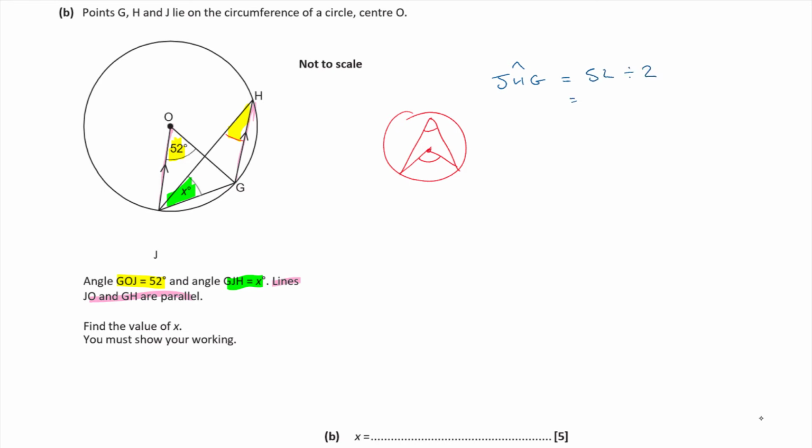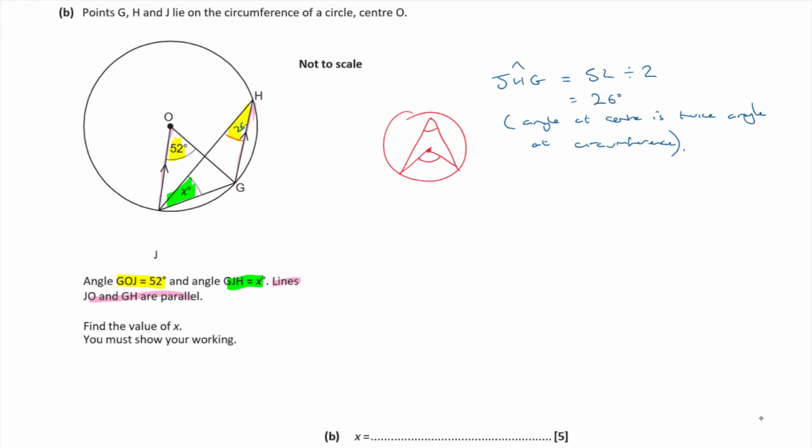So that is going to be 26 degrees. And the reason for that is angle at center is twice angle at circumference. Okay, so now I know that that one must be 26.